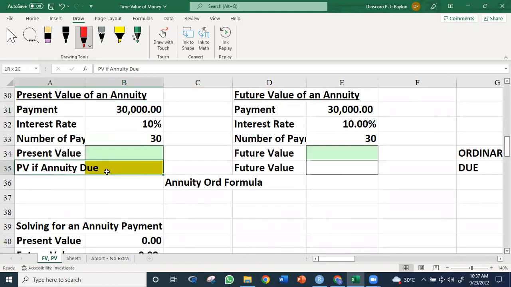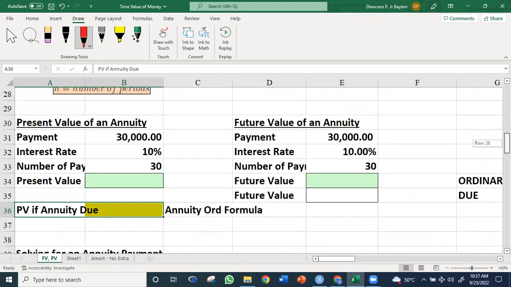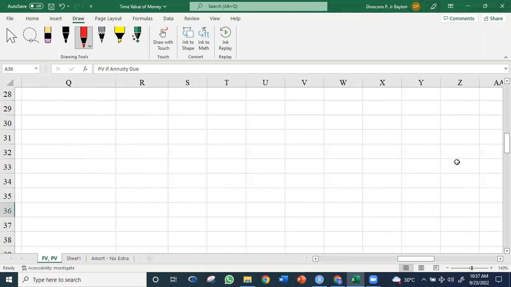Okay, so let's take a look. Let me go down here. Let's compute for the present value. Let's visualize first what we're doing. It's a problem. We're asked to compute for the present value of an annuity of 30,000.